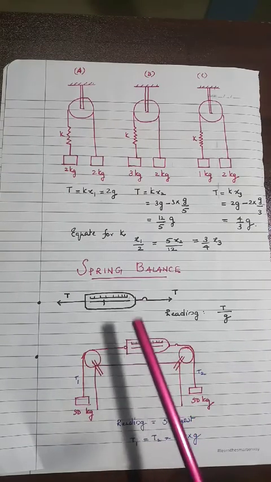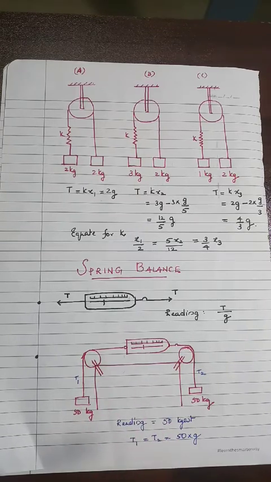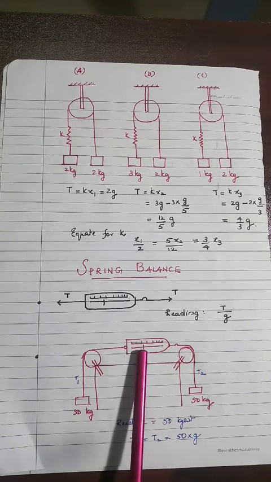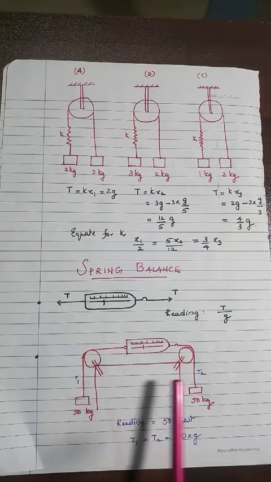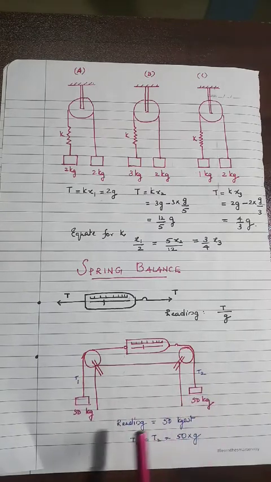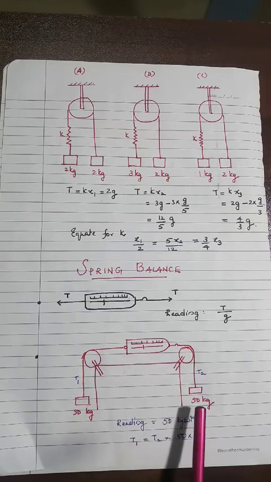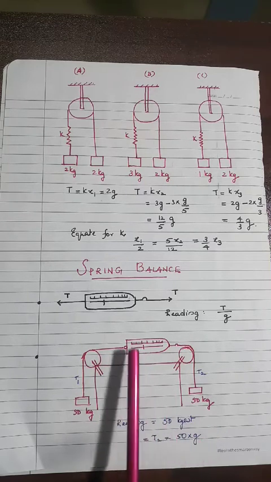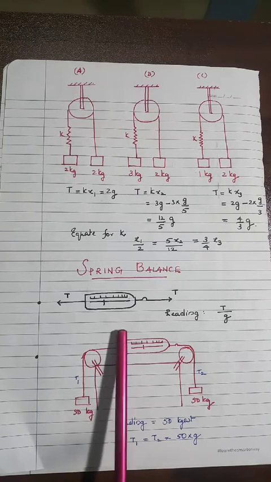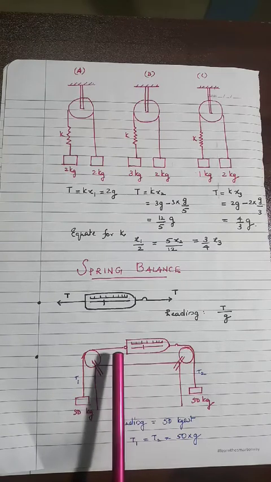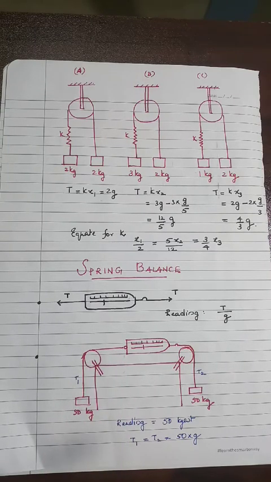The same concept is here also. And here the spring balance is on the two ends with the same weight. So here it is weighed by only one weight, 50 kilogram, and the other end behaves as an infinite rigid boundary. So the readings are the same.